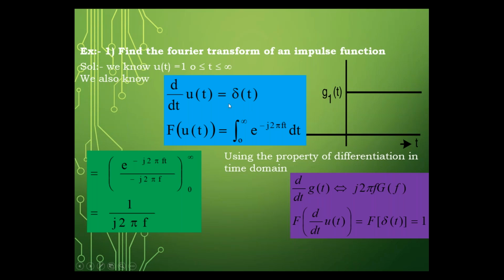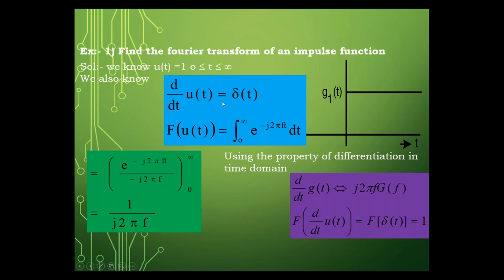Now, if I differentiate this unit step function, you will get an impulse function, which you already know. That means you will get an impulse function only at t equal to 0. This is constant, and differentiation of a constant is 0 again. So you will get an impulse function only at t equal to 0. So I want to find the Fourier transform of an impulse function from a unit step function.